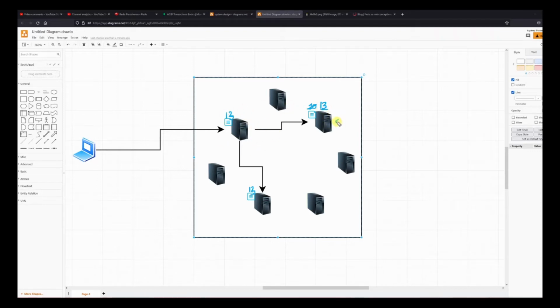If I am querying the value from here, I might get a 10, and after some time I might get a 13, right? So you can see that eventually the data is becoming consistent. That's what the E stands for, eventual consistency. It indicates that the system will become consistent over a given period of time.